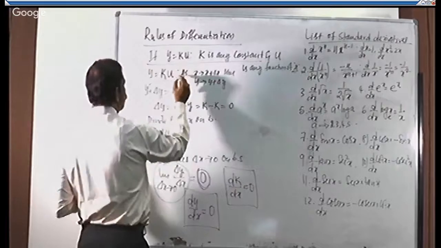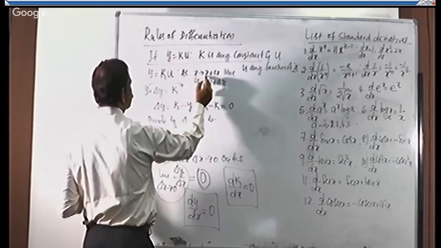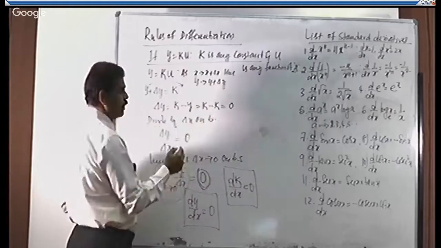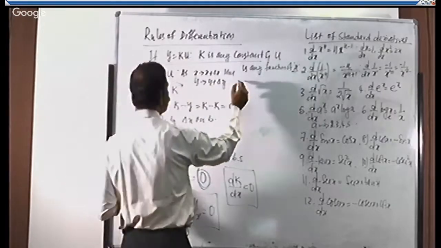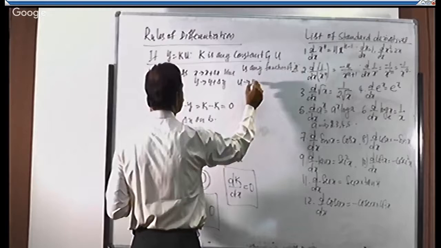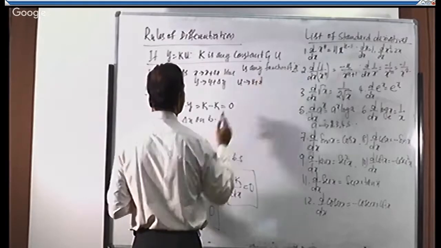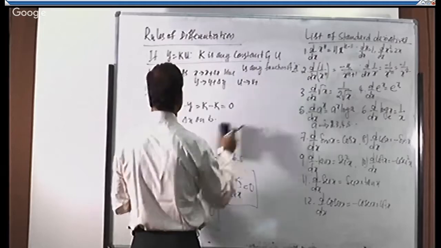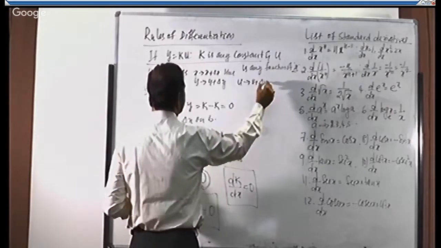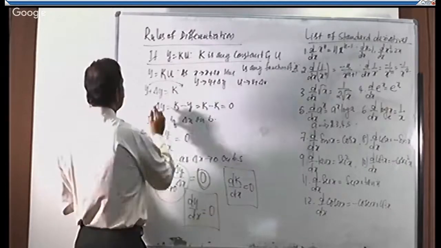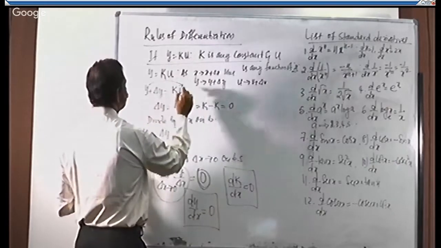So here, if x changes to x plus delta x, then y changes to y plus delta y. What is u? u is a function. Therefore, u also changes to u plus delta u, because it is a function of x only. Okay, so k into u.